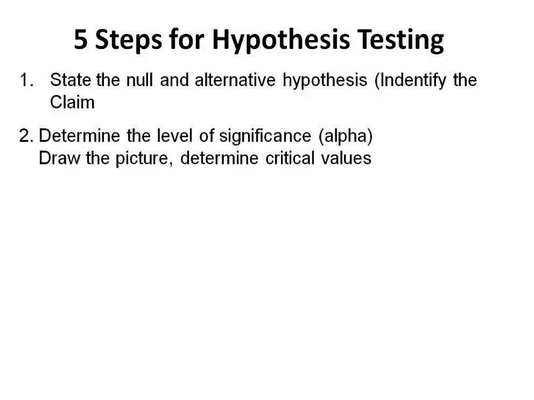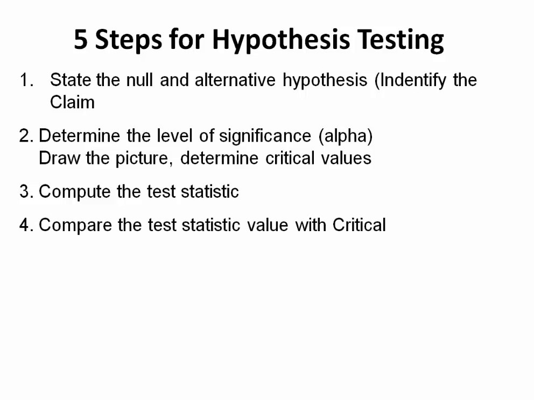Also in step 2, we want to draw the picture based on alpha and determine our critical values. In step 3, we want to compute the test statistic. And again, we have seen the test statistic before, and it should be no surprise as to the pieces that we're going to use to put into our puzzle so that we can understand how to compute the test statistic.